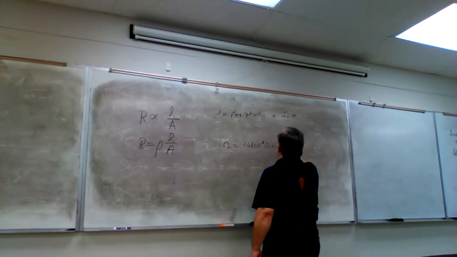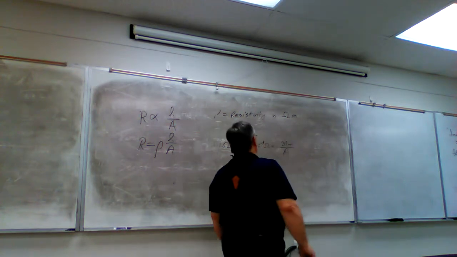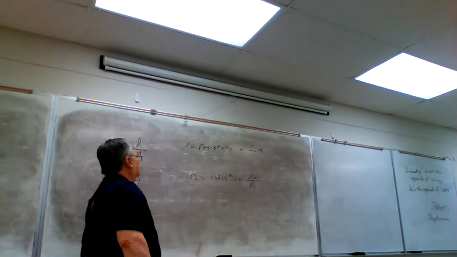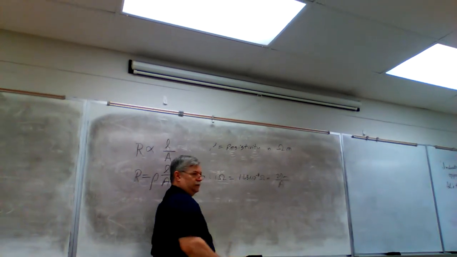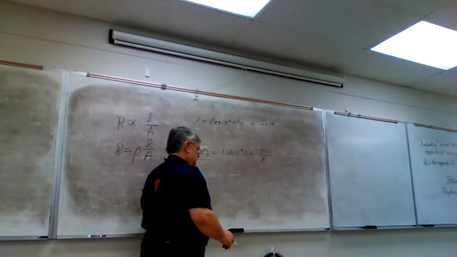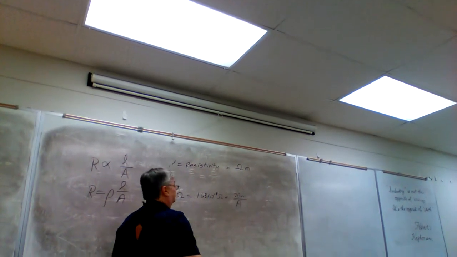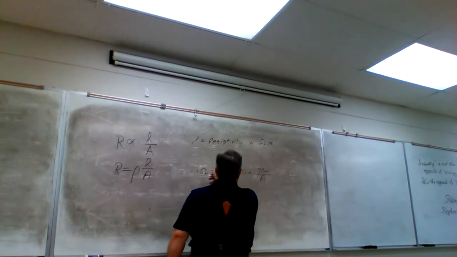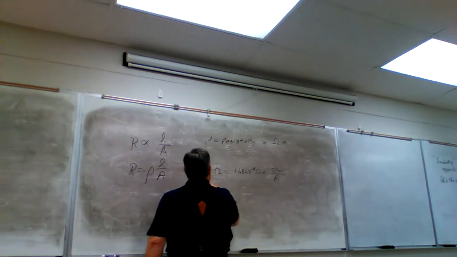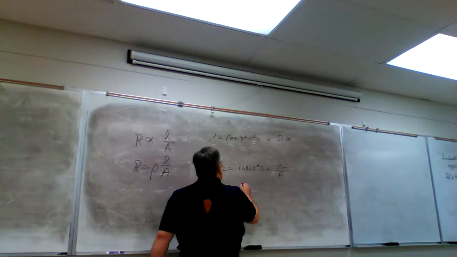Times 20 meters, was it 20 meters? 20 meters divided by area, A. So, let's just rearrange this algebraically. Tell me if I'm losing anyone here. I'm going to multiply both sides by A and divide both sides by 0.1 ohms.